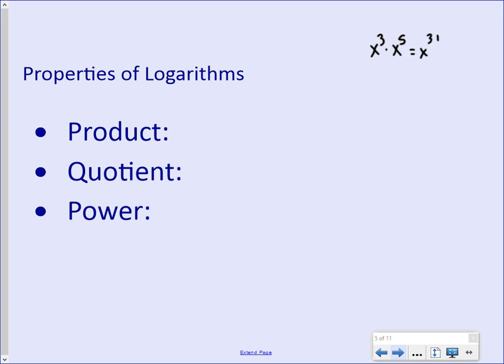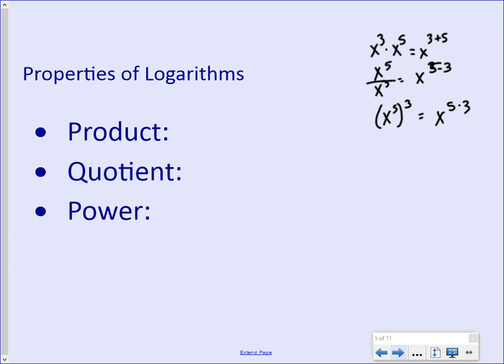And what do you do if you're dividing? You subtract them. And what do you do when you take one raised to another? You multiply them. So those are basically the three properties we're talking about in the properties of logarithms, but now they're going to be written in logs instead of exponents.